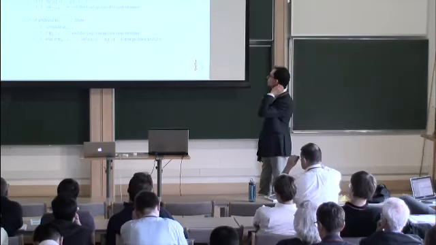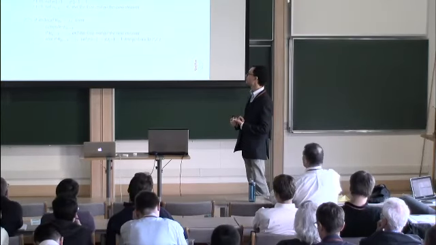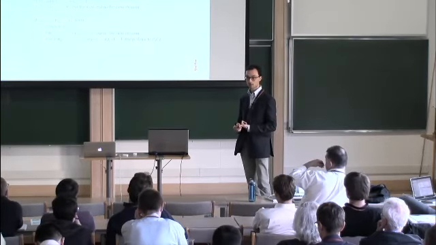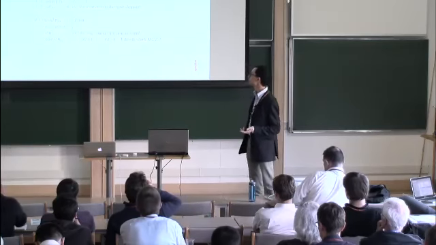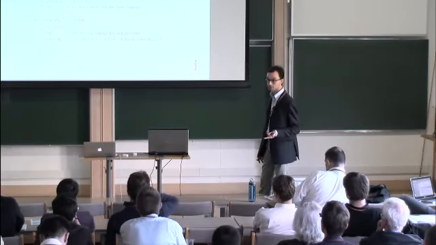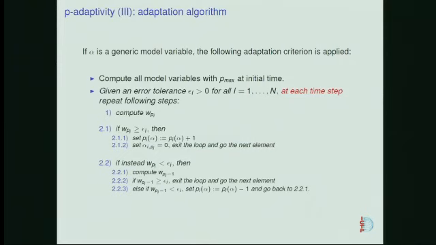So we fix in advance two things: a maximum polynomial degree to be used throughout the computation, and a cutoff tolerance. And then at each time step, what we do to update the polynomial degree is the following. We span all the elements of the partition, and inside each element, we compute the weight of the highest modal component in the current representation of the solution in that element.